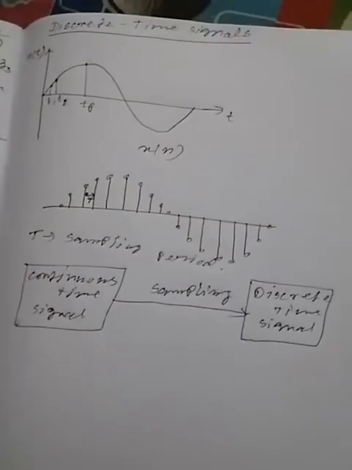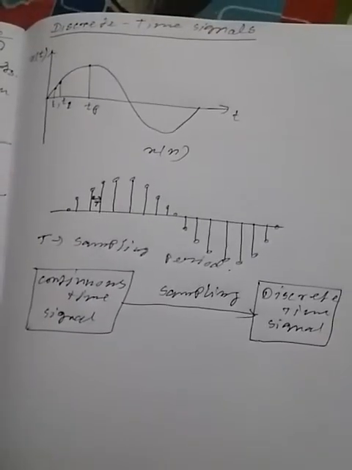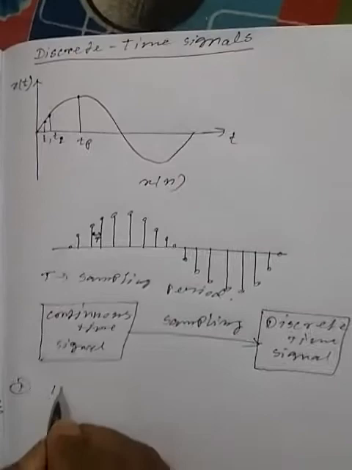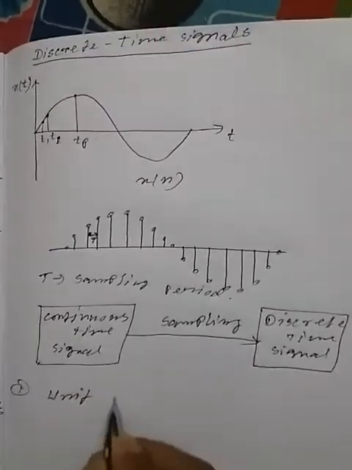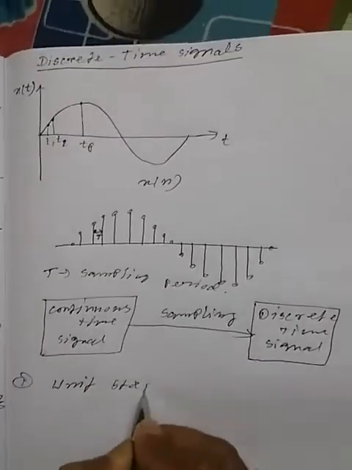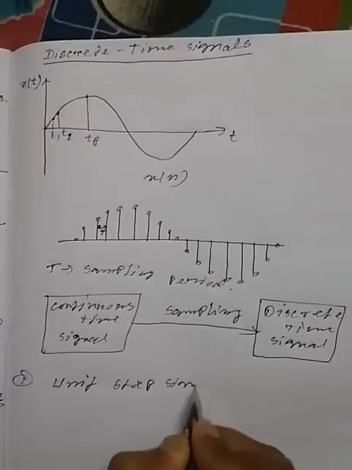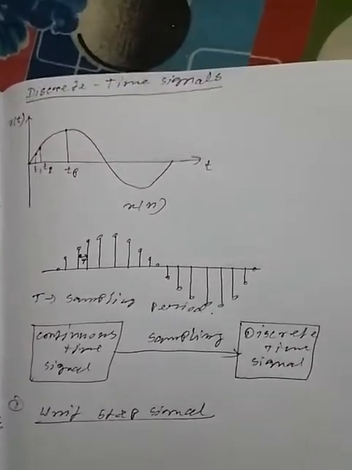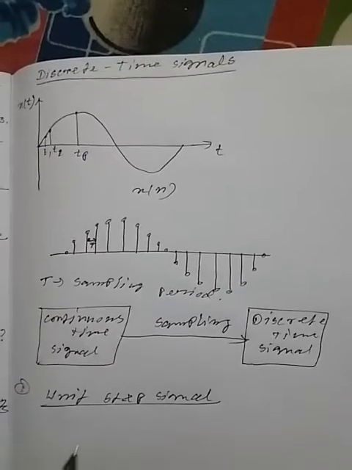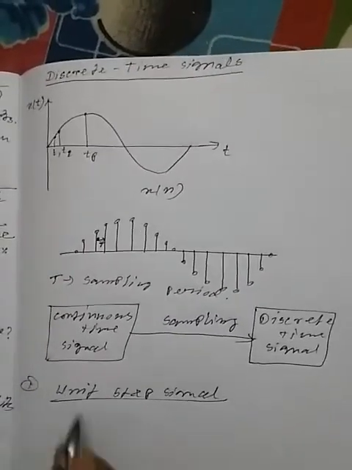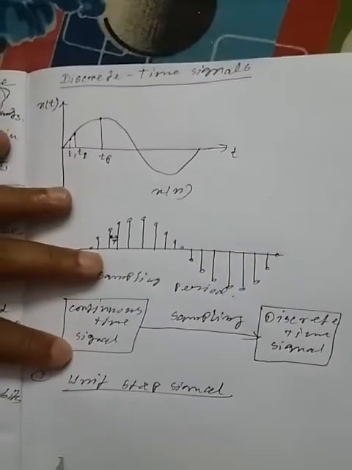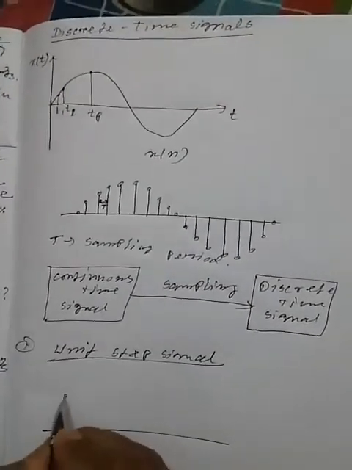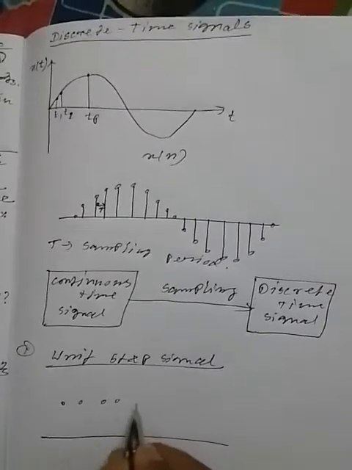Now some elementary discrete time signals. First signal is unit step. As we know, the amplitude of unit step signal is 1.